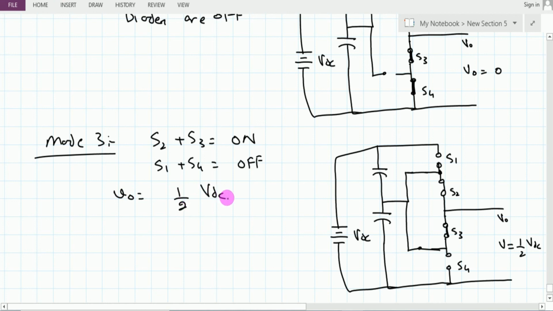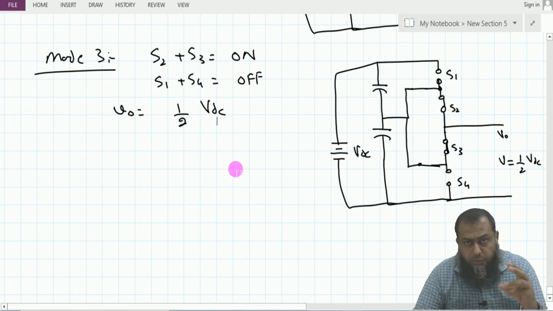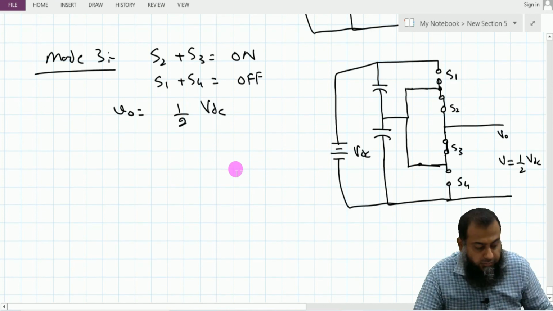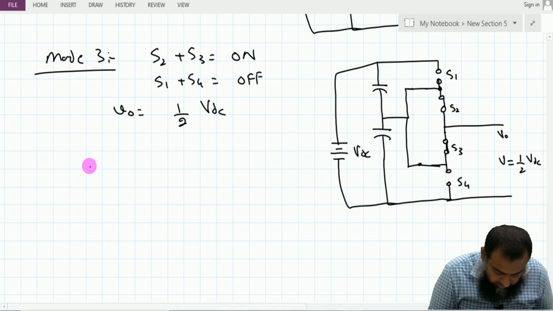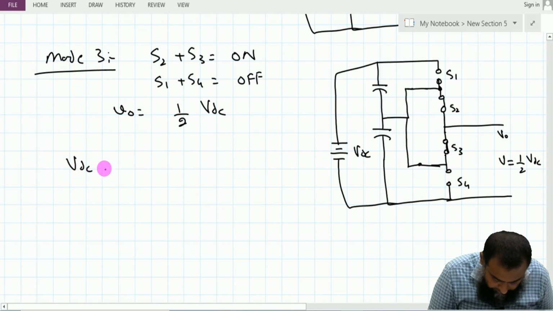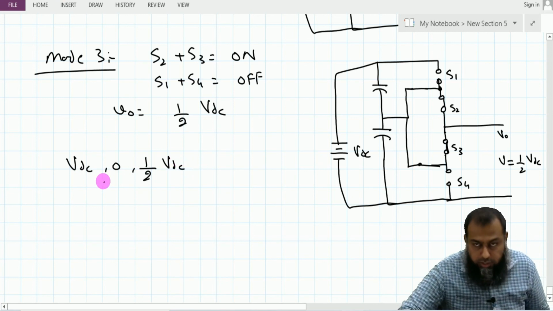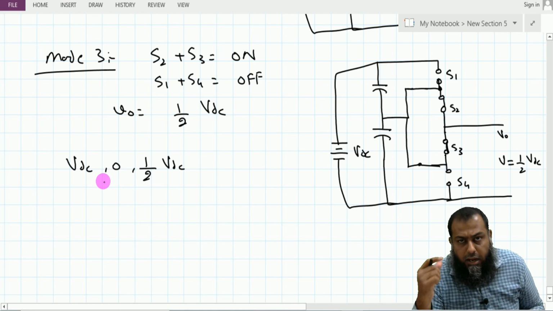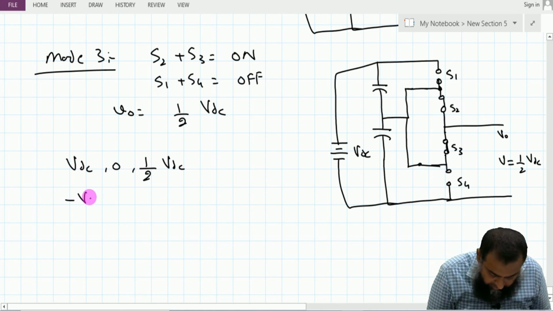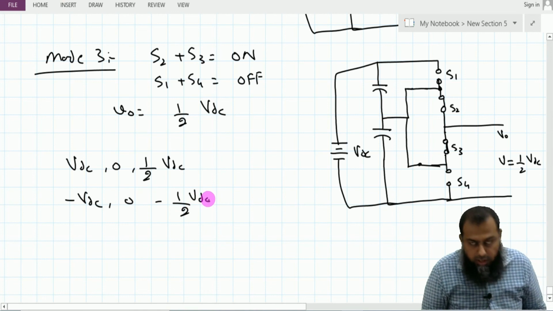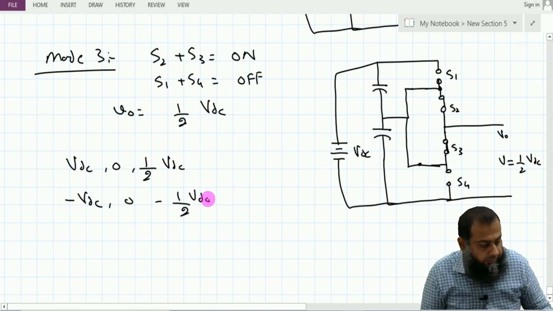In a similar scheme, this means that in 3 different steps we can actually generate an output voltage with 5 different output voltage levels. That is, VDC is available, 0 is available, half of the VDC is available, and also by using the combination of leg B, we have minus VDC available, we have 0 available, and minus 1/2 VDC are available across the output voltage levels.